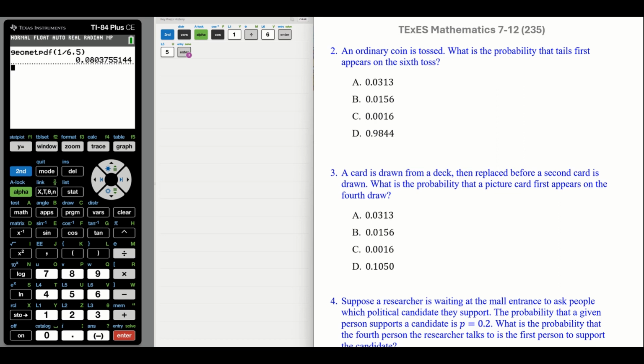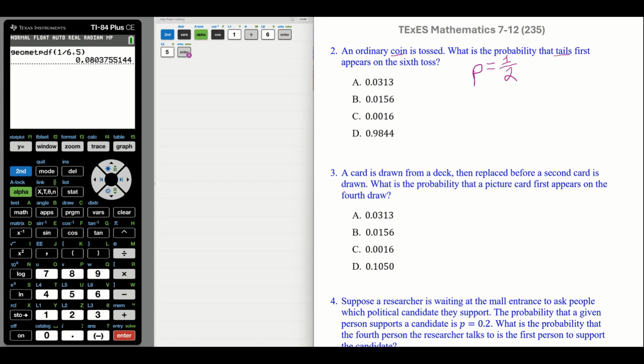Number 2, an ordinary coin is tossed. What is the probability that tails first appears on the 6th toss? Notice the vocabulary. P, our probability, is 1/2 because we're talking about a coin. And that is going to be true of heads or tails.